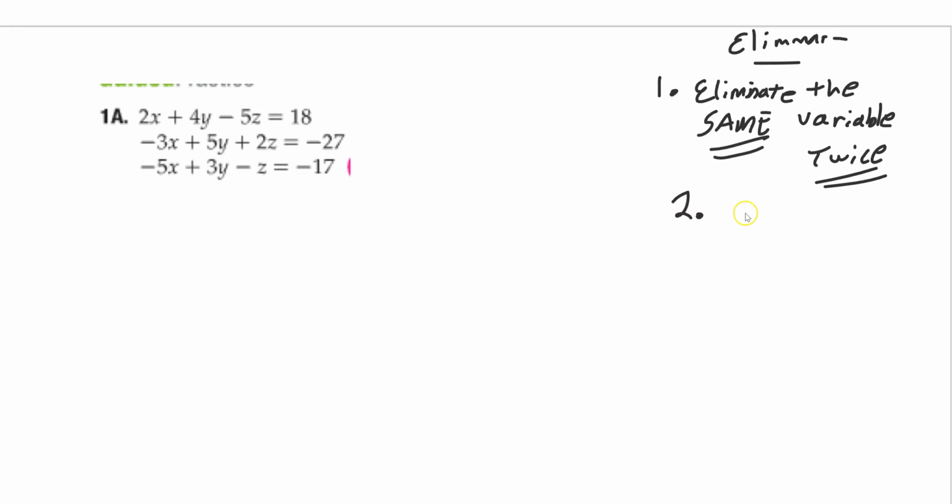And then once we do that, we're going to solve the 2 new equations like normal. It'll make more sense in a second.